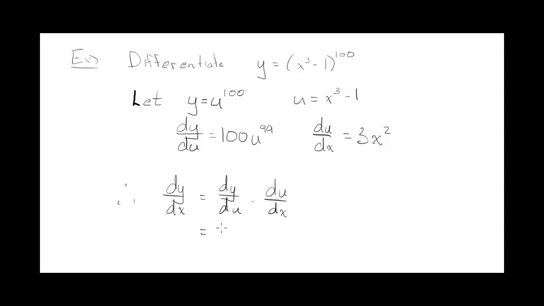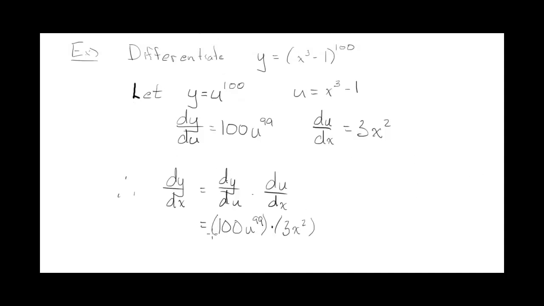And dy by du is 100 u to the power of 99 times du by dx, which was 3x squared. And now I'll just simplify by multiplying the constants. So that's 300 u to the power of 99 times x squared.